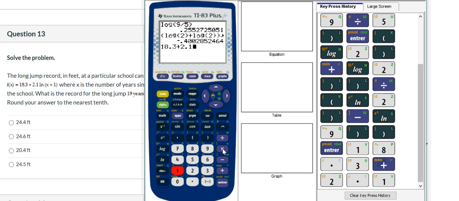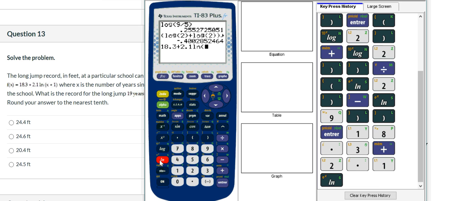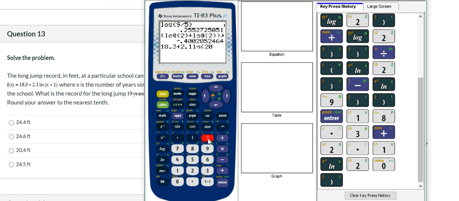You may click on multiplication, or you may not. So natural log, and then plug in 19 plus 1, or you may do just 20. Close bracket. Okay, so you have 18.3 plus 2.1 times natural log 20. You hit enter, you have the answer 24.591.